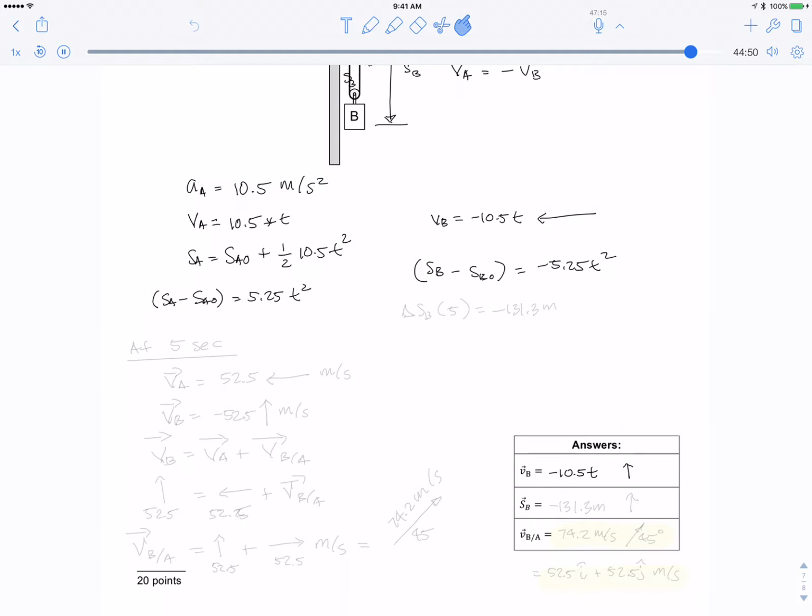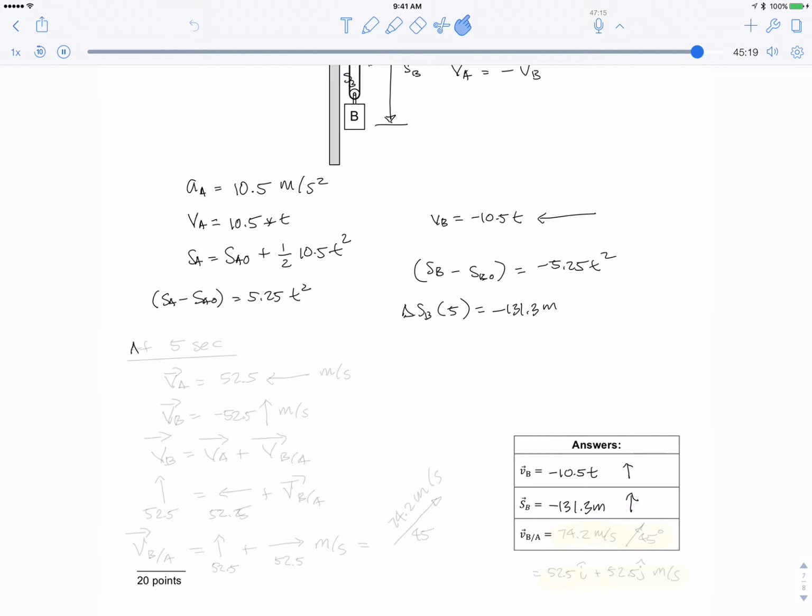So 25 times 5.25 is 131.25 meters. So delta SB at 5 is minus 131.3 meters, minus 131.3 meters going up.